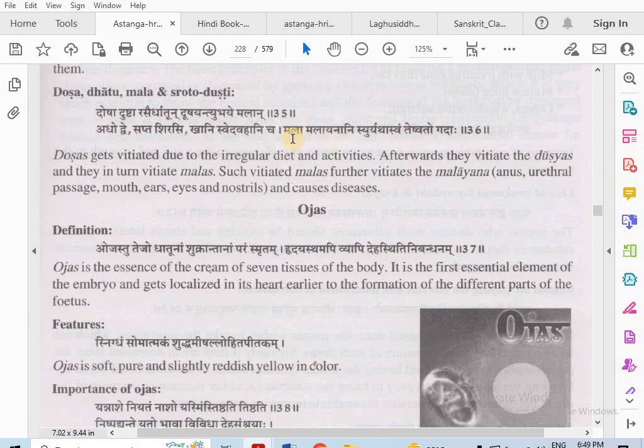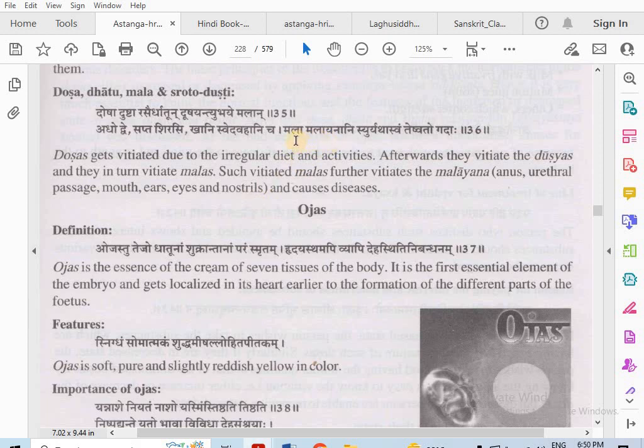So malas, waste products, are spoiling or vitiating these sites of waste product. Mala plus ayana. Ayana means the resident. Mala is waste product, so the resident of waste product is the site of waste products. And we have different sites of waste product like anus, urethral passage, mouth, ears, eyes and nostril, where we see the malas in our body.